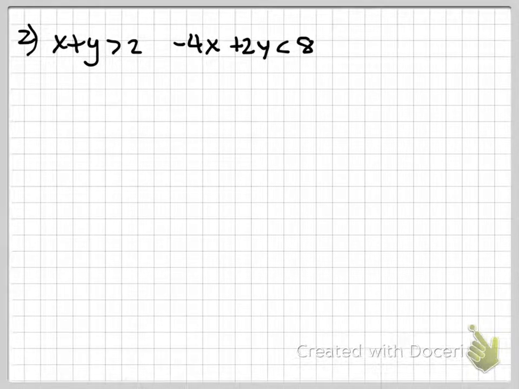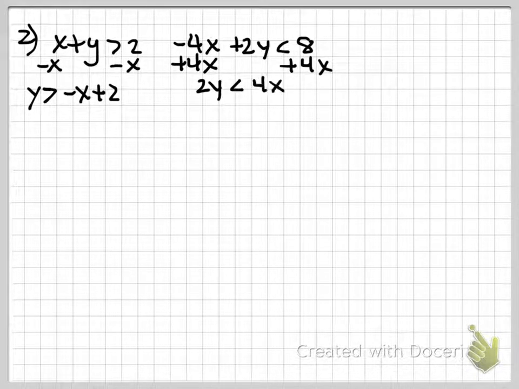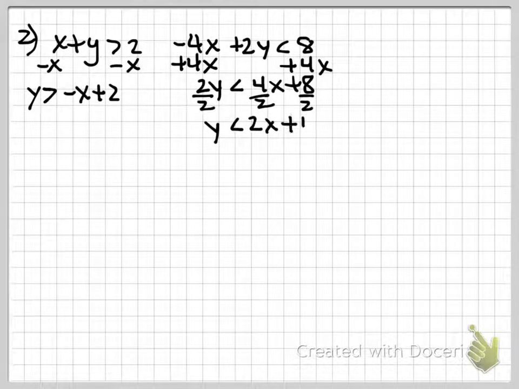Not in slope-intercept form. So we're going to do that first, get the y's alone. So we get y is greater than negative x plus 2. This one we're going to add 4x to both sides. That gives us 2y is less than 4x plus 8. We're going to divide everything by 2. And we get y is less than 2x plus 4.